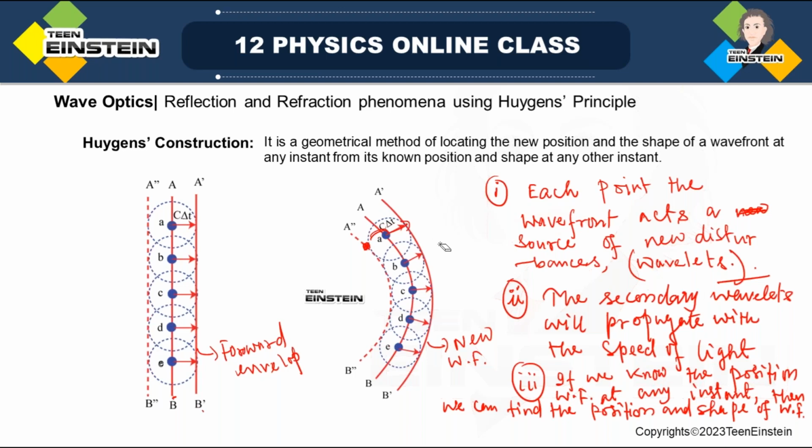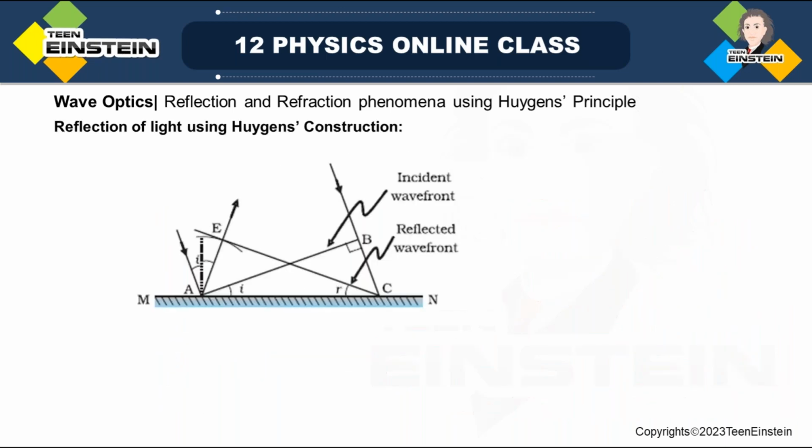So this is based on wave theory. The Huygens principle is based on wave theory. Let us go to the next topic, that is reflection. So look here, you might be very much confused with this figure, but I'll explain step by step so that you get the essence of it.